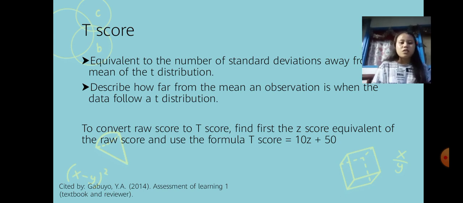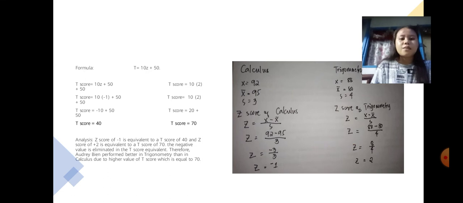Also, t-score describes how far from the mean an observation is when the data follow a t-distribution. So to convert raw score to t-score, find first the z-score equivalent of the raw score and use the formula t-score equals 10z plus 50.